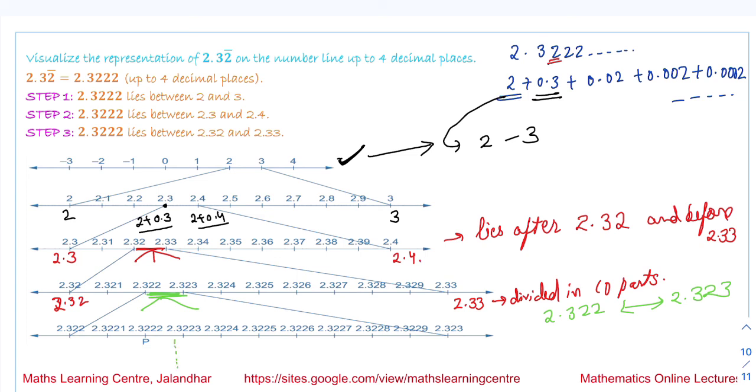So we cannot precisely say where this number is lying on the number line, but we can represent the number. We can keep on magnifying the real number line. This is basically the denseness property of the real line: as much as you need, you can magnify the real number line. You can stretch that line as many times as you want, because there are infinite numbers between any two numbers.